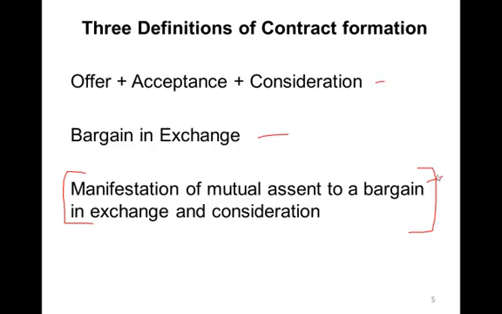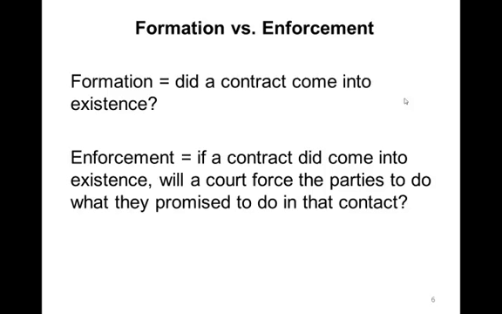In other words, later on in another video, I'm going to show you that if you can prove you've got offer, acceptance, and consideration, you'll be able to prove that you've got bargain in exchange and manifestation of mutual assent to a bargain in exchange and consideration. So at the end of the day, they all actually work out to be the same thing. We're just going to zero in on this one definition: offer plus acceptance plus consideration.